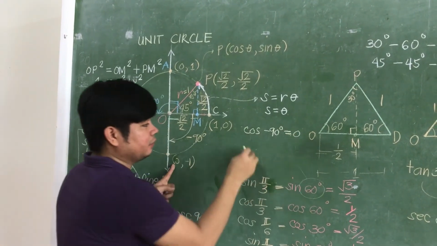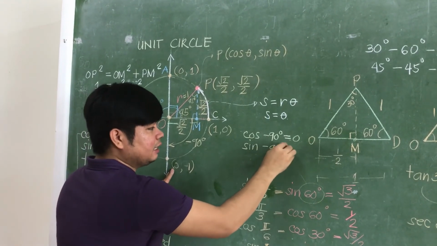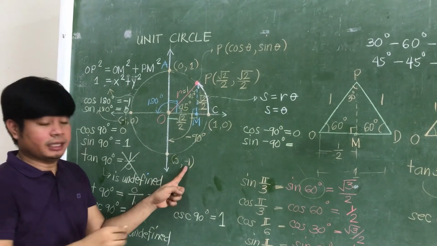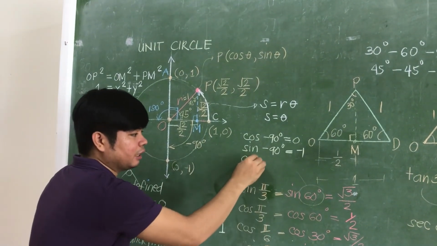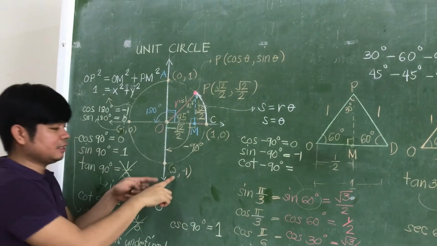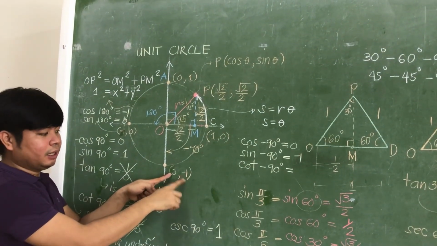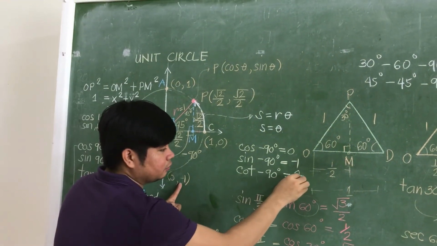And sine negative 90 degrees, the y coordinate, is negative 1. If you would like to get cotangent negative 90 degrees, cotangent is x over y, so 0 divided by negative 1.